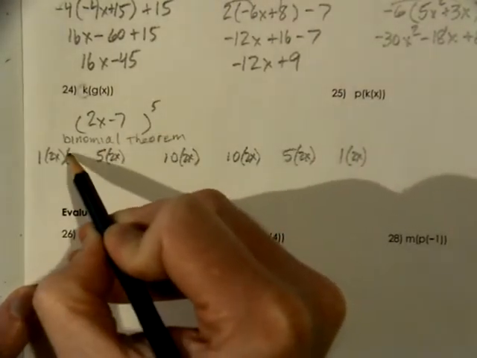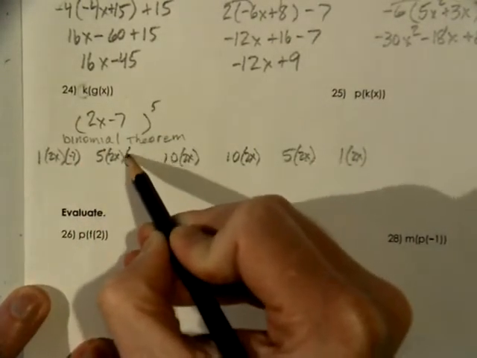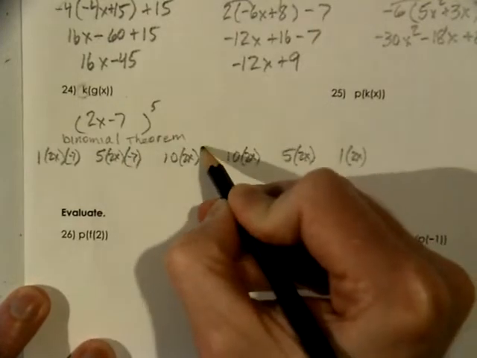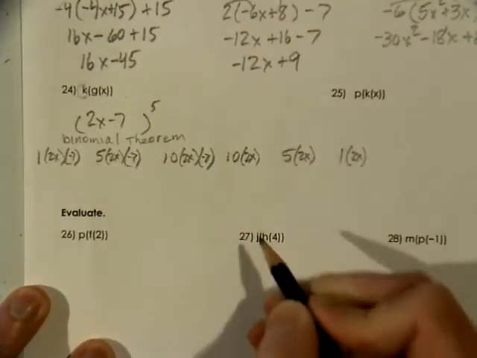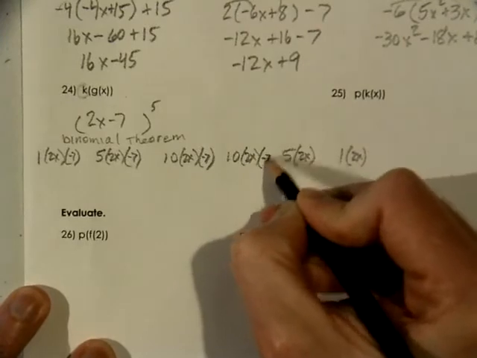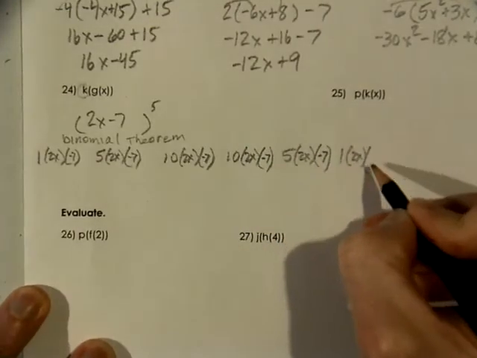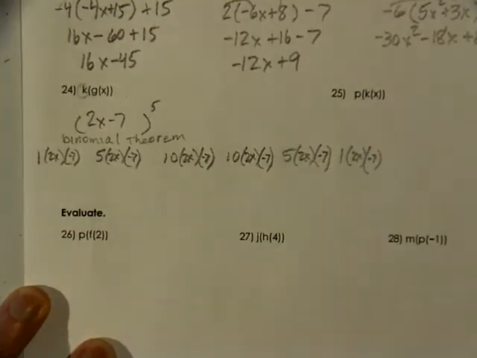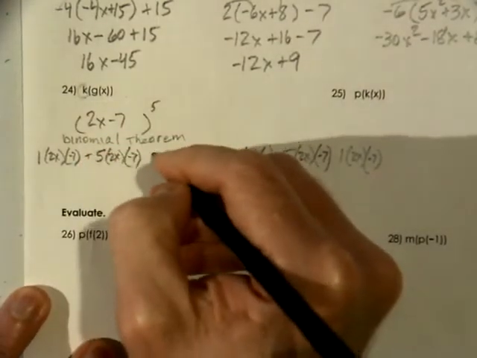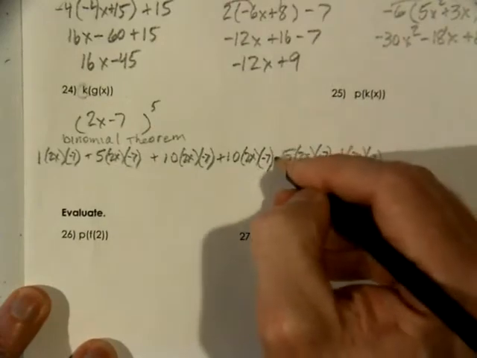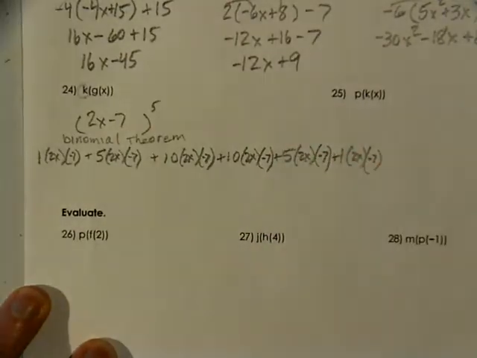Put in your b term. I would suggest to put pluses in between and let the negatives take care of themselves.